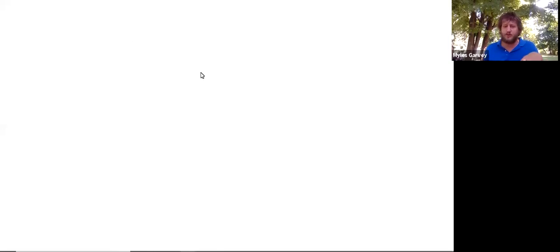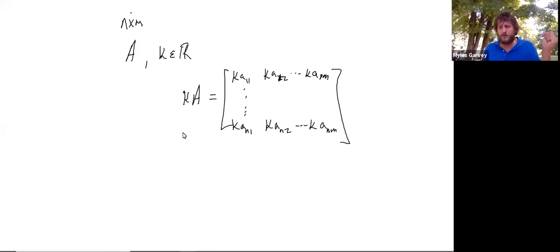So the way we construct our new matrix from the number K and the matrix big A is as another matrix, Cij, that's just defined as the product between the number and the element Aij.